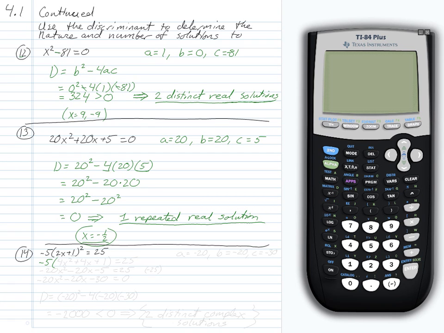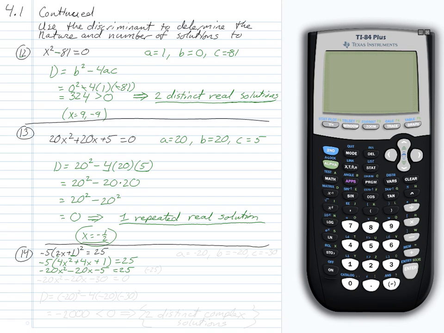Now, a common product of binomials, for example, something like 2x plus 1, if I square that, I'm going to get the square of the first term, 4x squared, plus 2 times the first times the second, so 4x, plus the square of the second term, 1. Okay, if I multiply that negative 5 through, I see negative 20x squared minus 20x minus 5 equals 25.